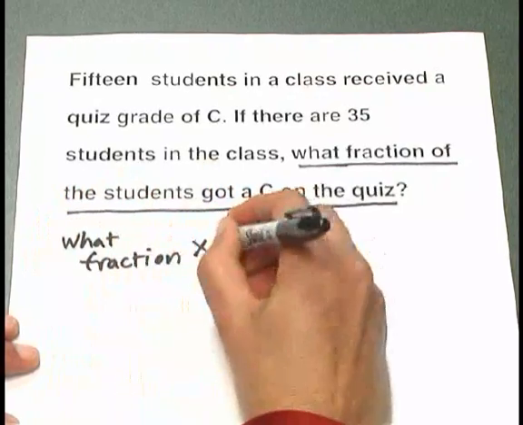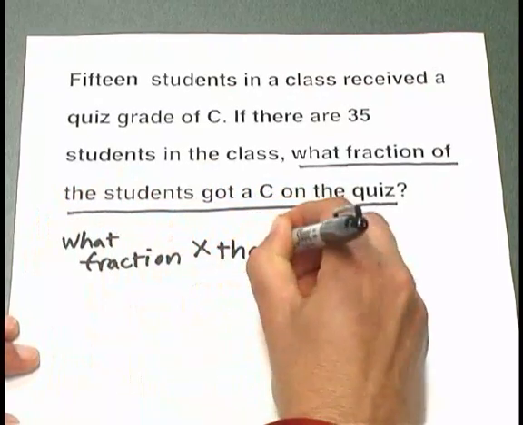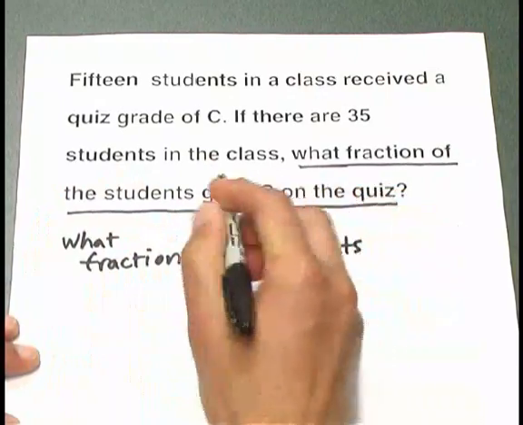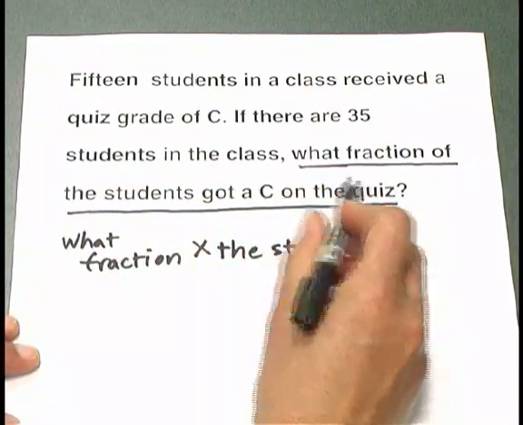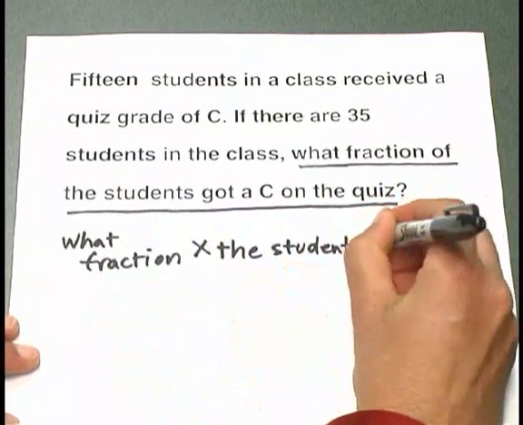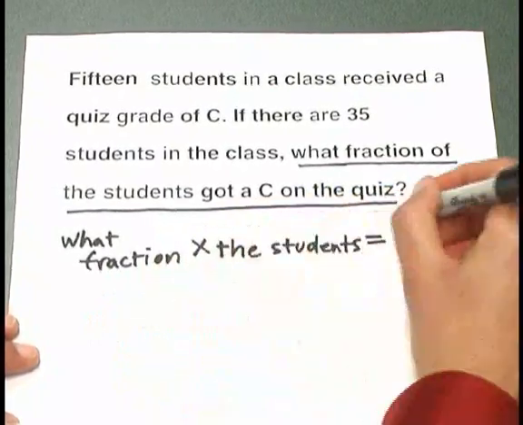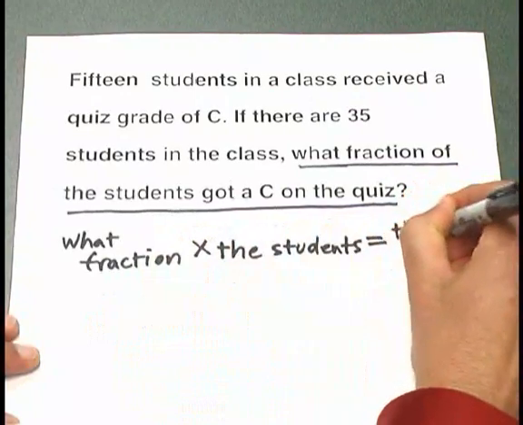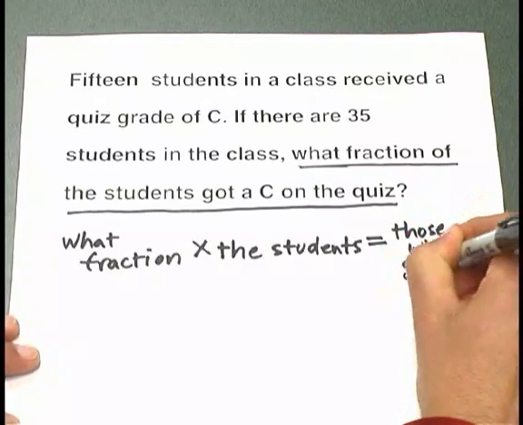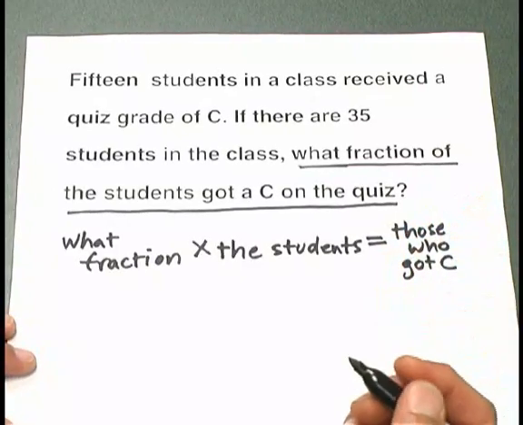The students got a C on the quiz. What fraction times the students? That's got to equal something. Those who got C on the quiz.